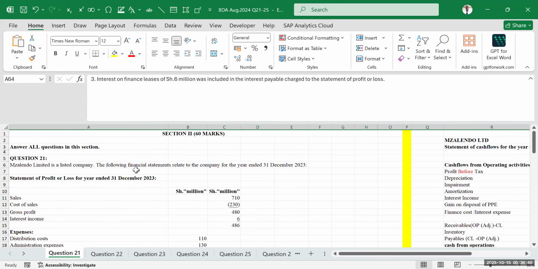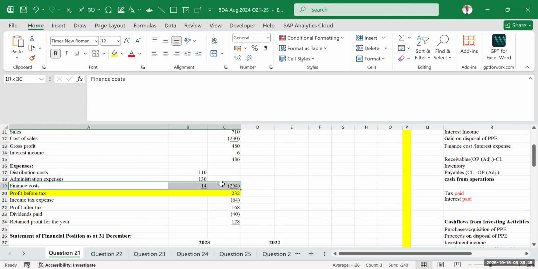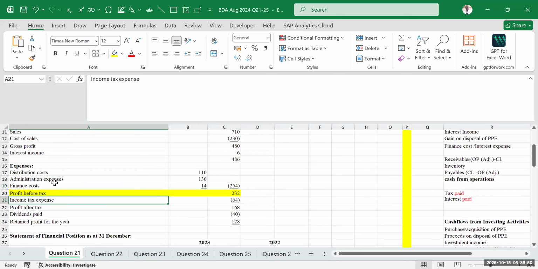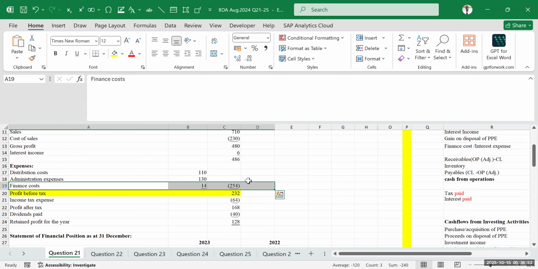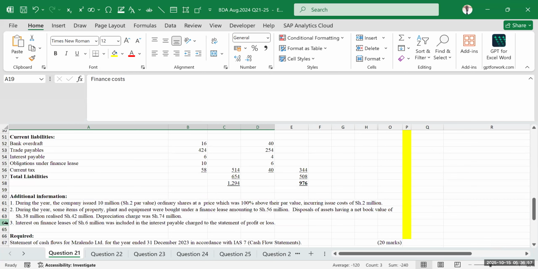The examiner, once they have the statement of profit or loss and there is finance cost given, would simply leave it there because the finance cost is already shown and there is no adjustment required. Bringing on board note 3, the examiner is simply trying to tell you there is an adjustment that you need to do. Although there are instances where additional information is brought simply for information purposes. It does not require you to do any adjustment.